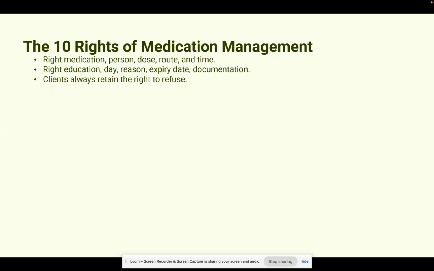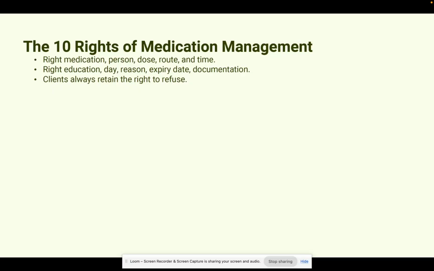Or in the client's home, where you know it's the client, just double check the MAR, or the binder for the client or even the blister pack, that it's the correct medication. Correct person, by asking the client to repeat their name, and then correct dose. You will always double check in the MAR or care plan or whatever documentation you have in your workplace.